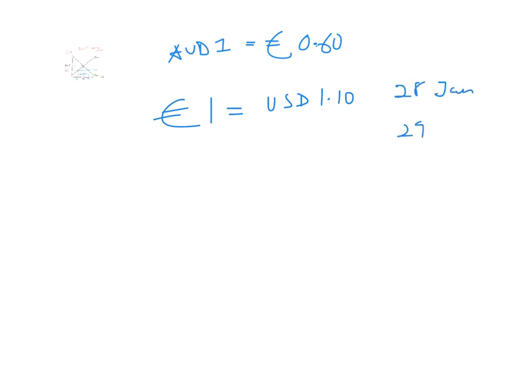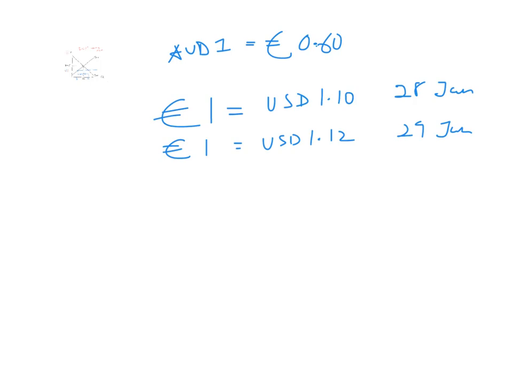But tomorrow, on the 29th of January, your 1 euro can buy you $1.12 US. So the euro has become stronger relative to the US dollar because now you get more US dollars for every euro. So the euro has become stronger. It has appreciated in value, which means the opposite must be happening. The US dollar is going to be depreciating in value. Okay, depreciating in value.